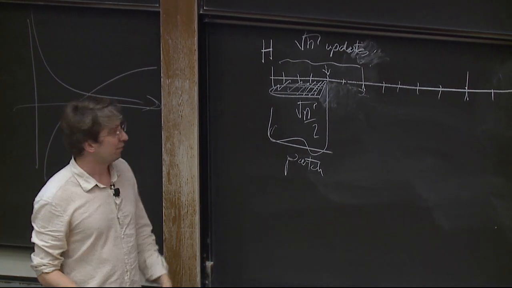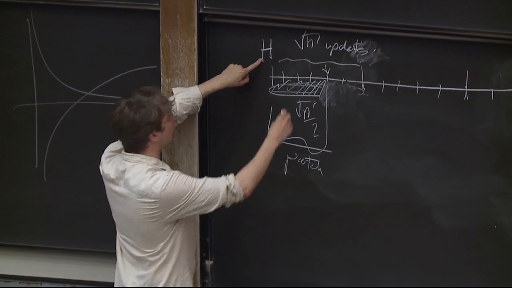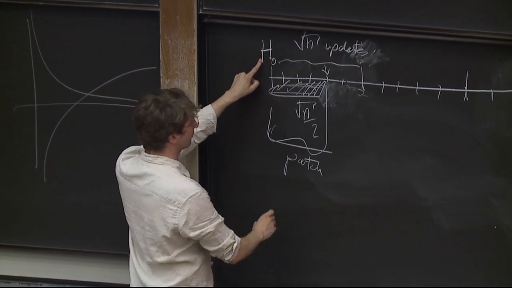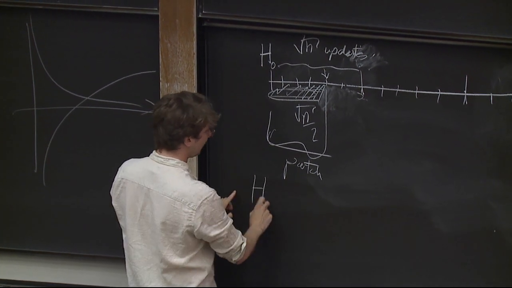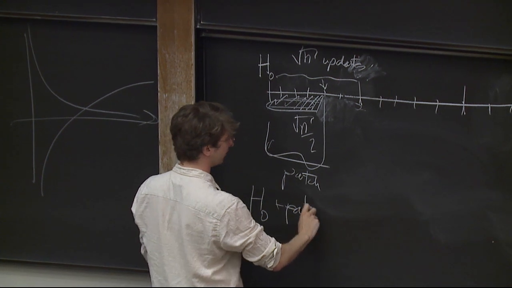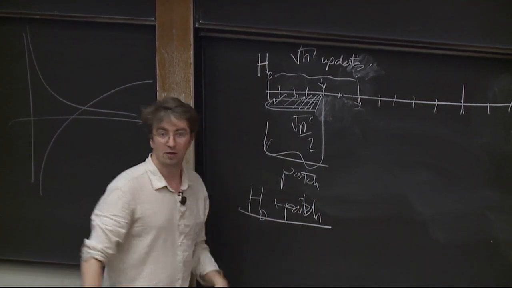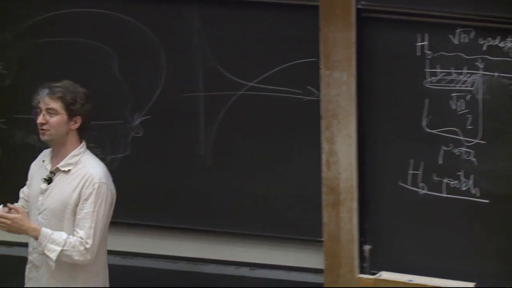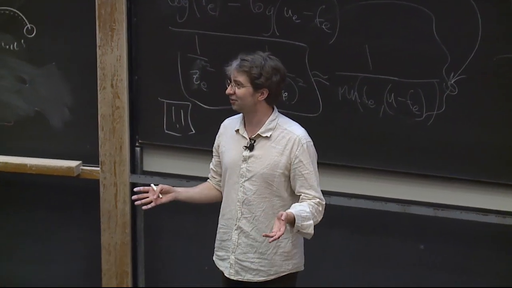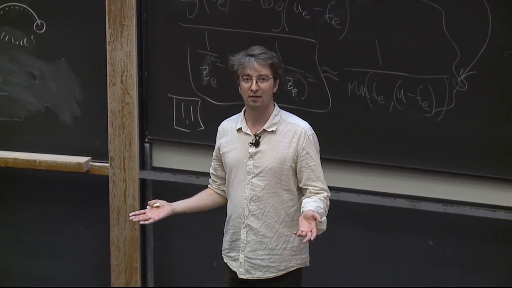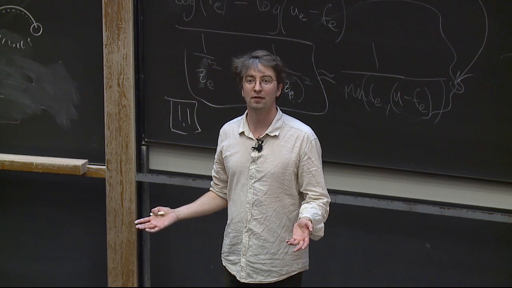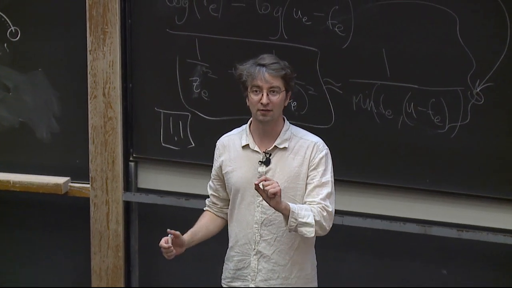Okay? But now inside the bucket, I'm always patching this h0. So I'm always doing h0 plus a patch. So what's the most number of sequential patches I'm applying? Not root n.